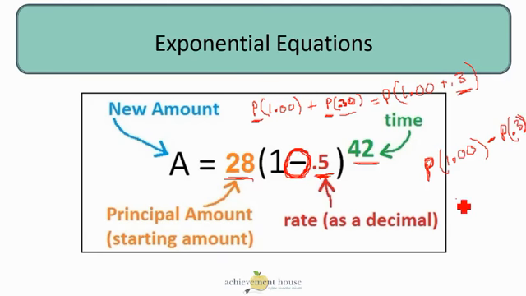Okay, so now if I factor out the common principal, I have 1.00 minus 0.3, or whatever my rate is. And so that is exponential decay. So think of decay as decrease, and growth as increase.